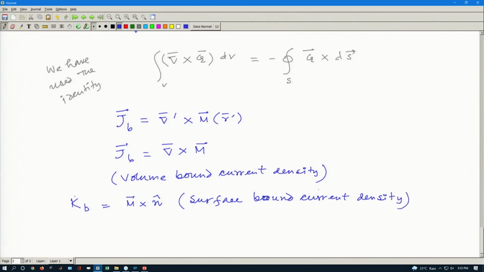So, based on these definitions I can rewrite my A in this way.